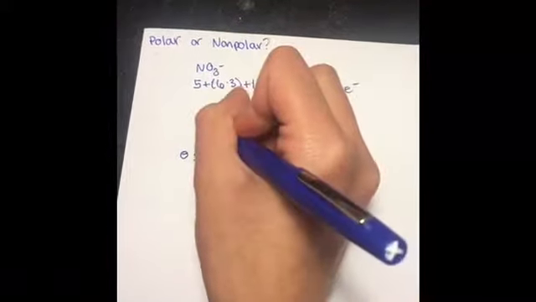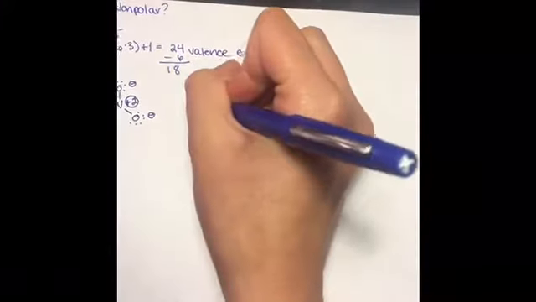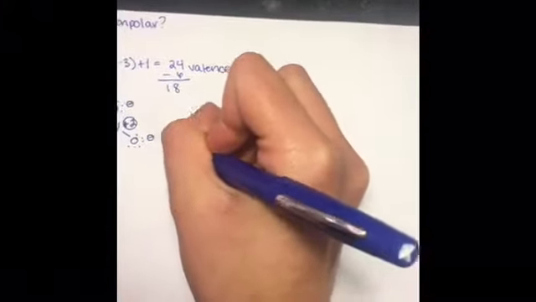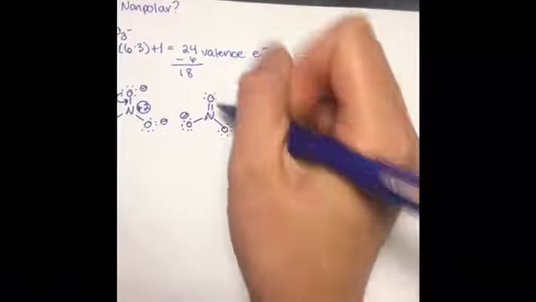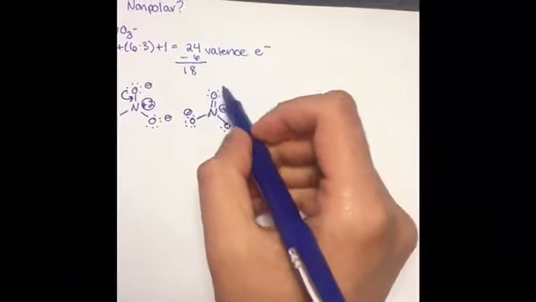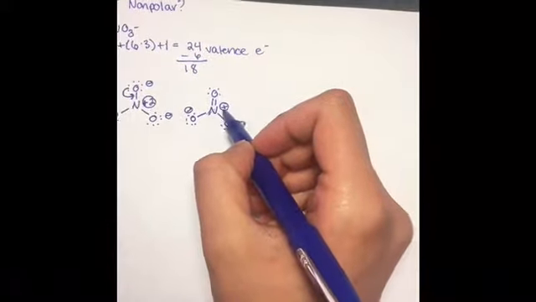So to fix this, I'm going to move one of these valence electrons and make a double bond to the nitrogen. So that leaves us with this structure that has no formal charge on this oxygen, and now the nitrogen only has a +1.